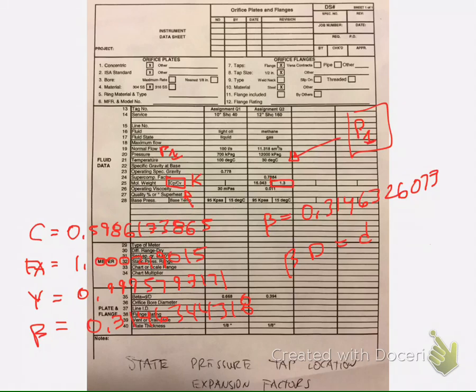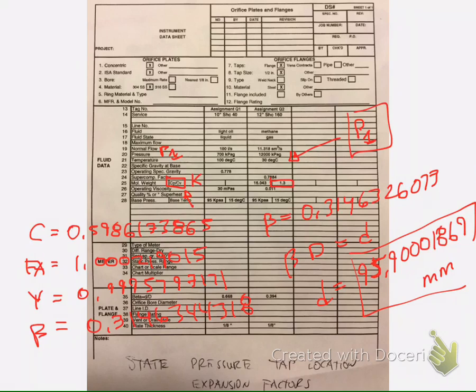So for a little d, I'm just going to exit out of my program. Beta times 12 times 25.4. So I get 95.9001869 millimeters for our orifice plate.